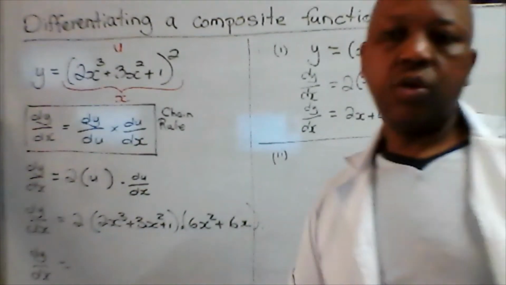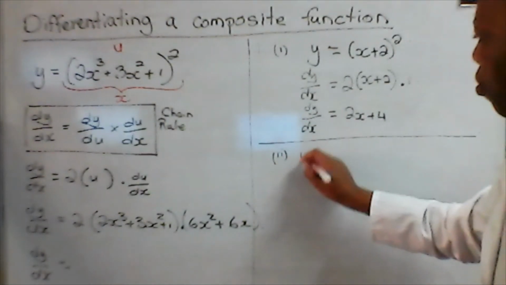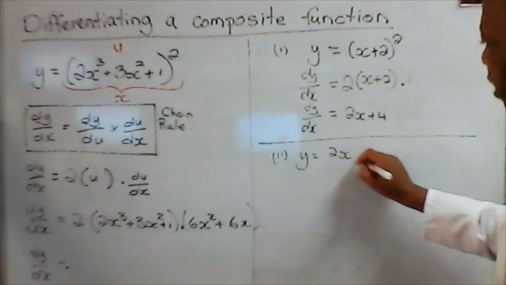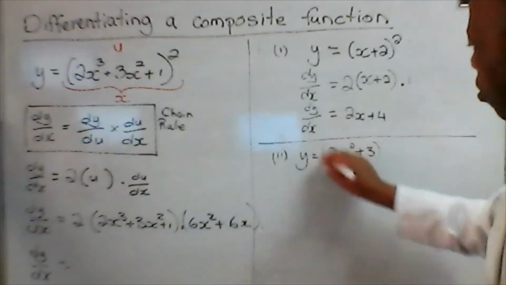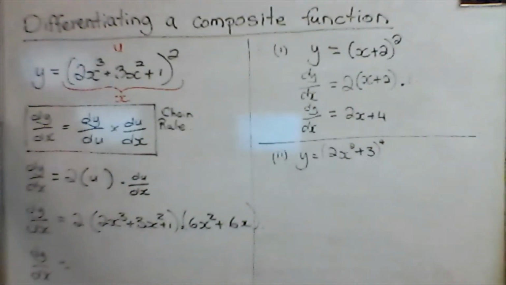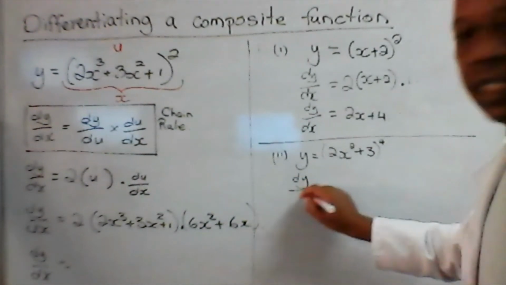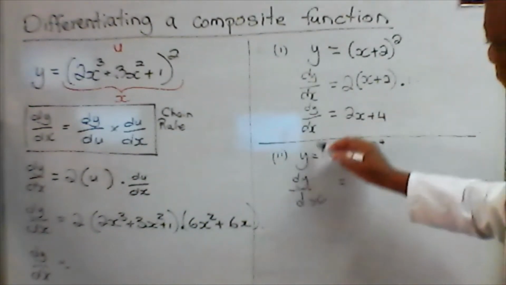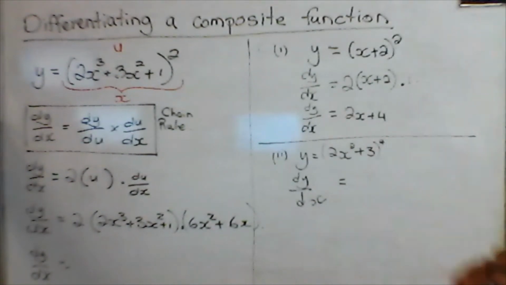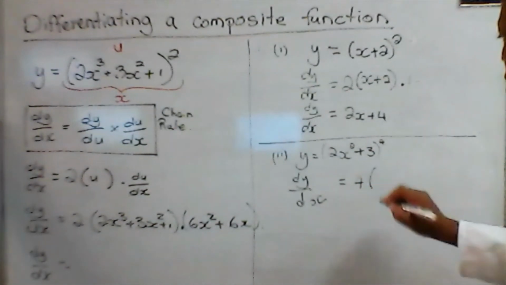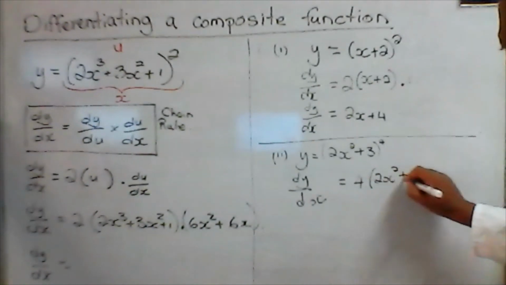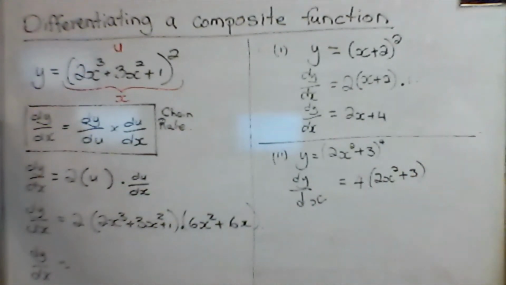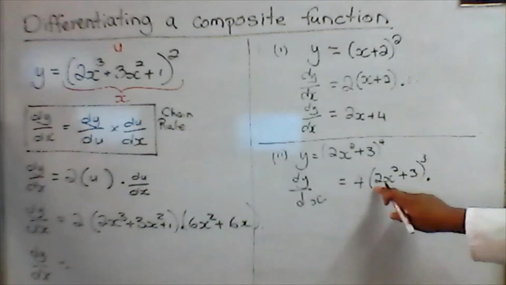Roman figure 2. y equals (2x squared plus 3) all raised to the power 4. dy dx will be equal to the derivative of the outside evaluated at the inside, so the power 4 comes down as a multiplier: 4 times (2x squared plus 3) all raised to the power 3, times the derivative of the inside.